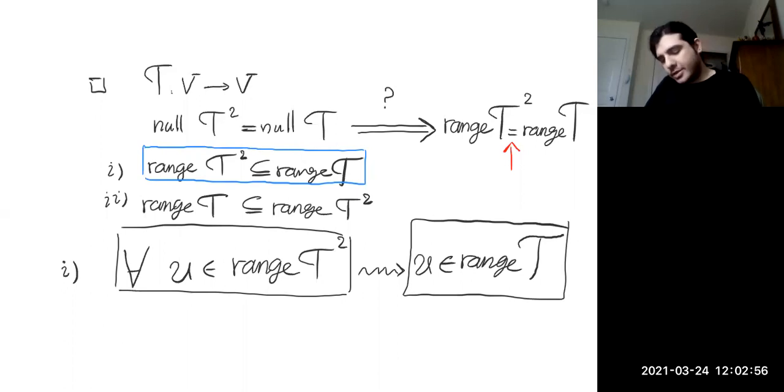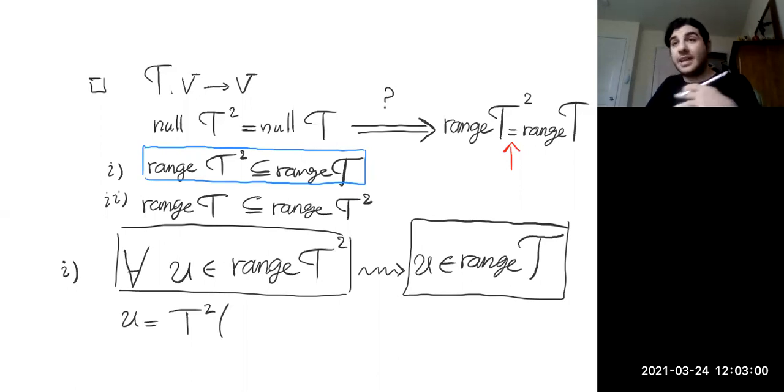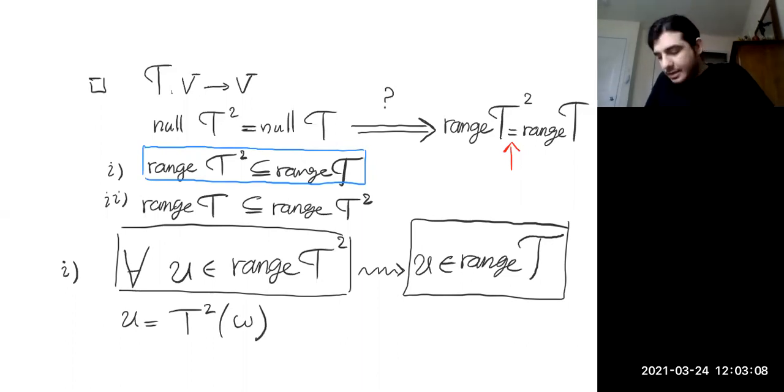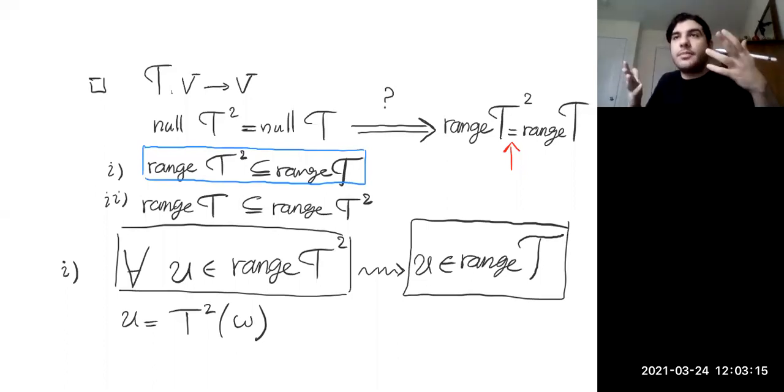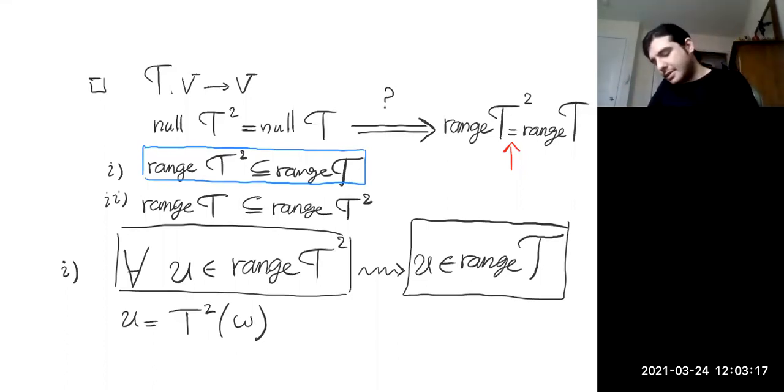If u is in range of T squared, it means u is equal to T squared of something. So let's call that w. And look at the right-hand side. I want to show u is in the range of T. It means u is T of something. And that's correct, because if u is equal to T squared of w, it means u is equal to T of T of w.